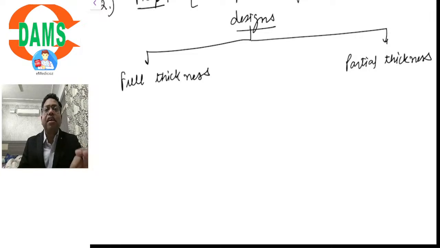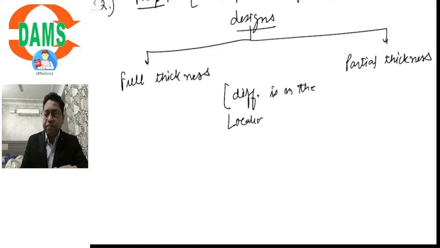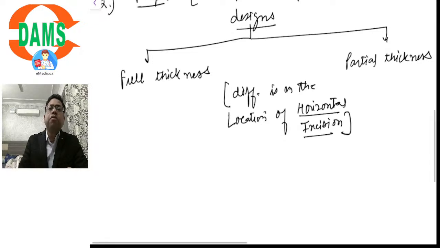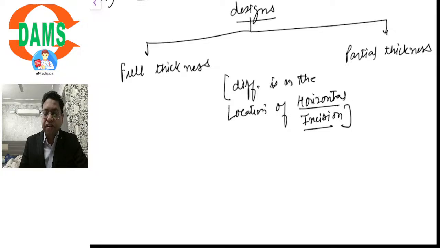So what is the technical difference between the two types of flap designs? The technical difference is in the location of horizontal incision. How the two types of flap designs are different from each other? From the location of horizontal incision.